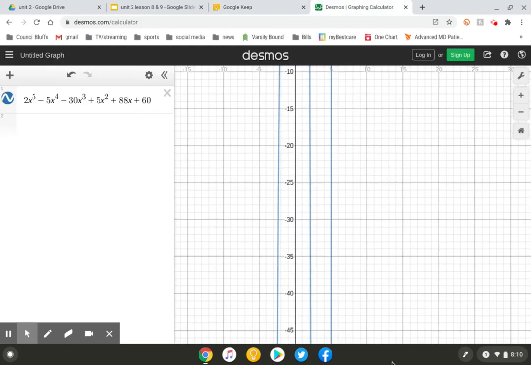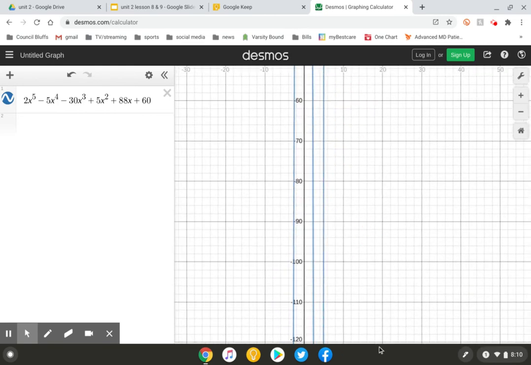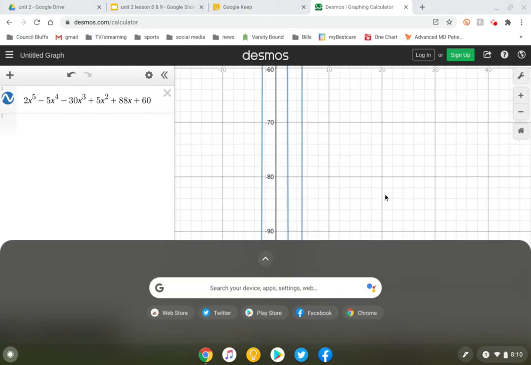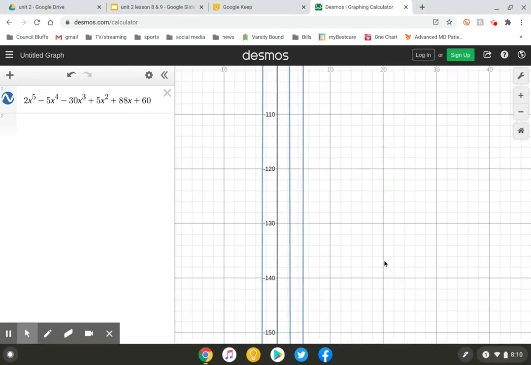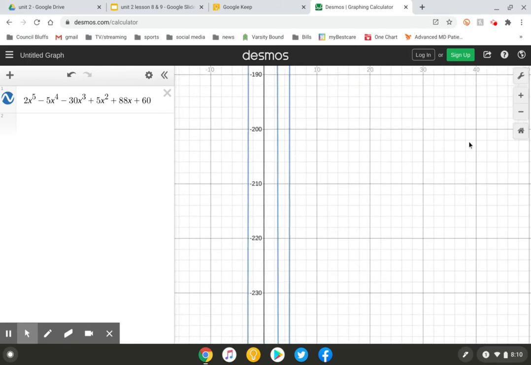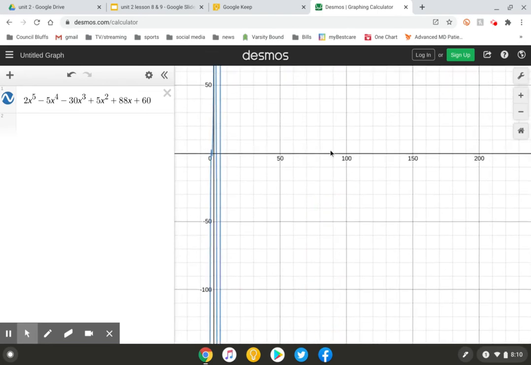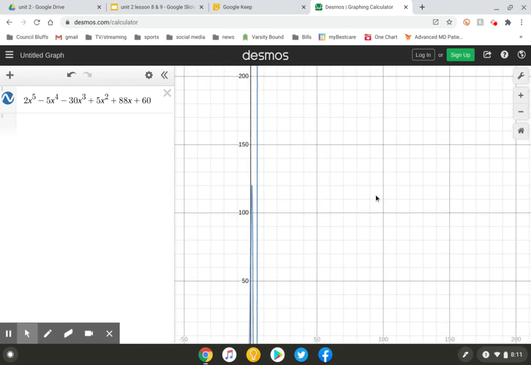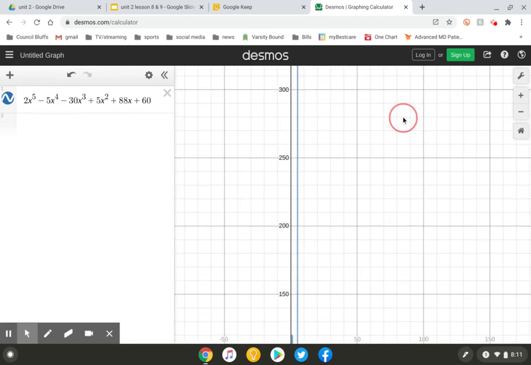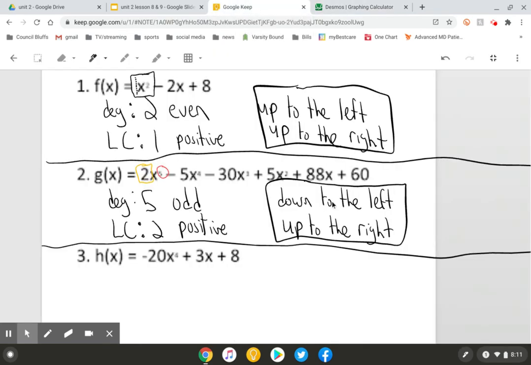And then if we go up here, you can see the graph goes up to the right. The graph continuously increases to the right. So down to the left and up to the right.